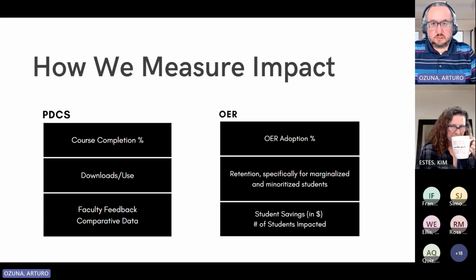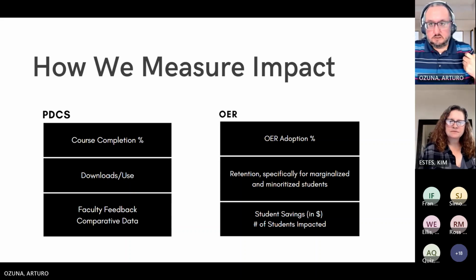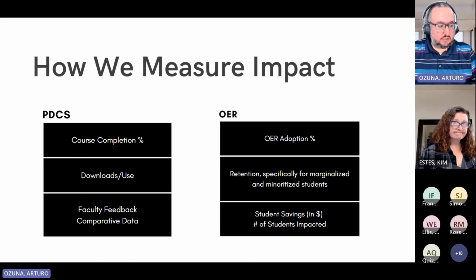And then ultimately, the other thing that we think is important, and a lot of times we use this data to provide rationale for why we need OER in this area, right? Is what are students going to save with our initial investment, right? And this is the way we communicated our need for the Texas government pilot.